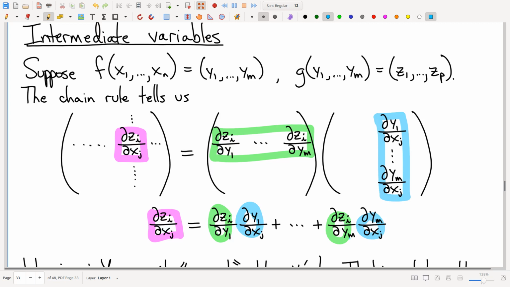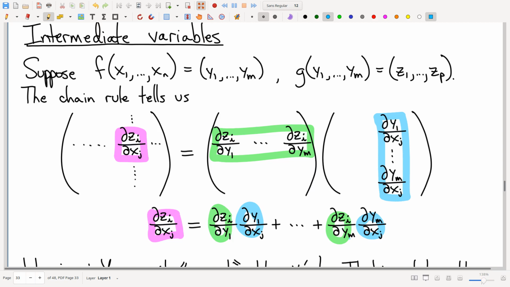Whichever ultimate output I'm interested in the partial of, I look at its partials with respect to all the y variables. In other words, I look at the corresponding row. Whichever initial input I want to take the derivative with respect to tells me which column I pick out over here, namely with respect to which x variable I'm taking the partials of all the y's.